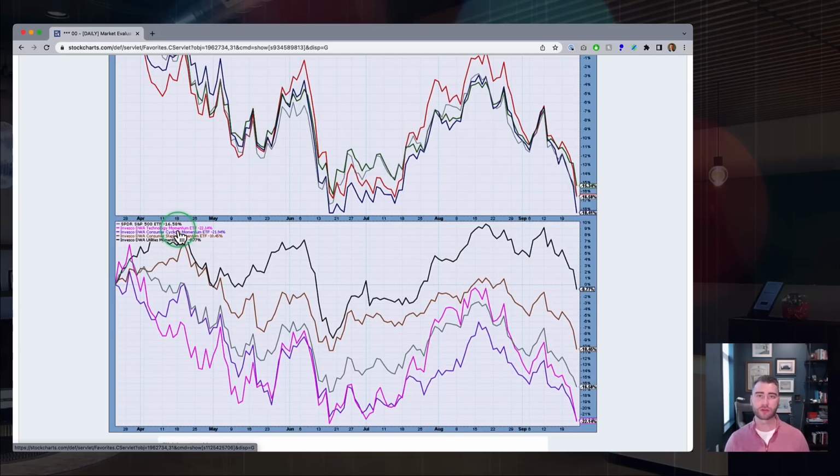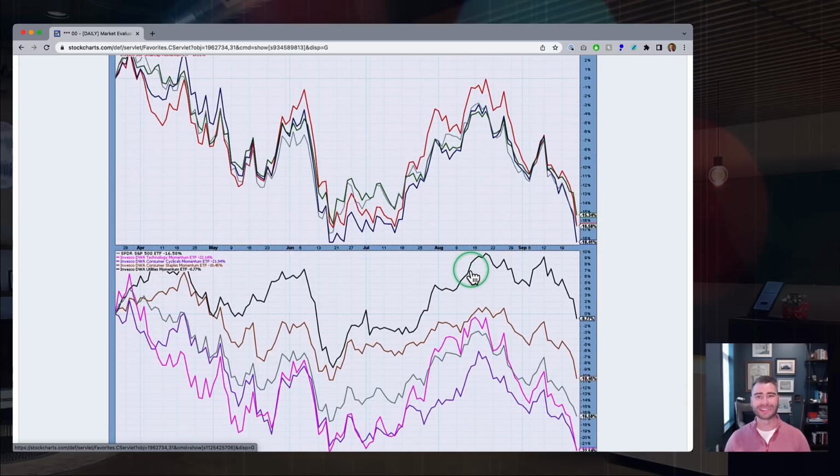If consumer cyclicals or consumer discretionary and technology are leading on the momentum chart, that's actually a lot more offensive for the market. So I like to keep an eye on where the momentum is. The black and the brown are those defensive sectors, and the pink and the purple are those offensive sectors. And in the middle, we have the S&P 500 itself.